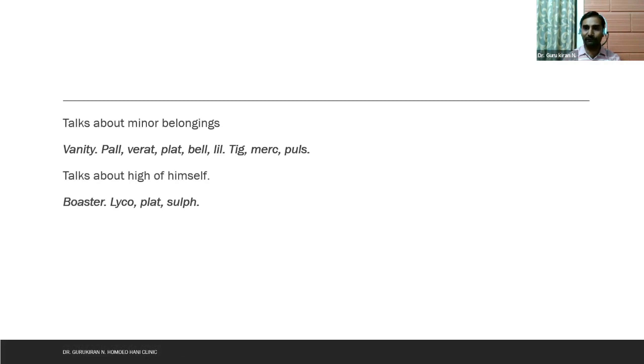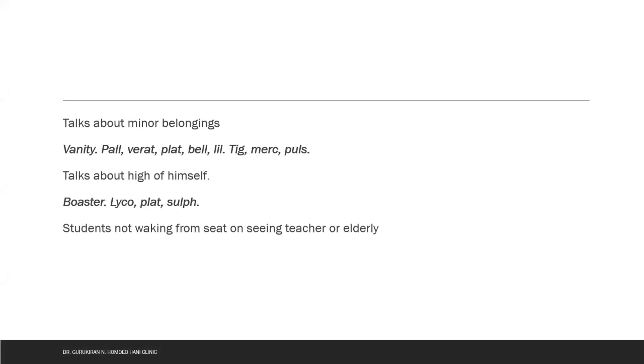There will be no substance inside the person, but always he speaks about himself in a very high manner. He is a boaster. Students not rising from their seat on seeing a teacher or elder. This we can observe in bus transport.